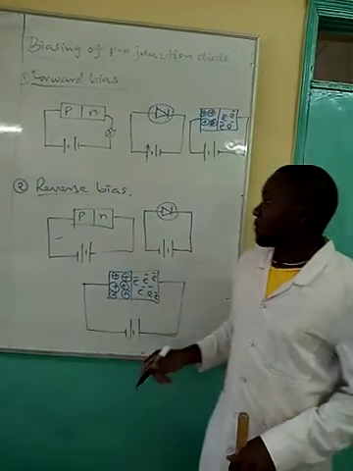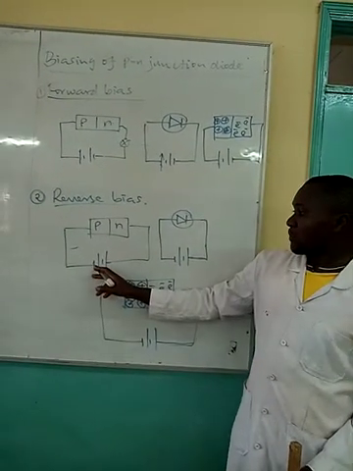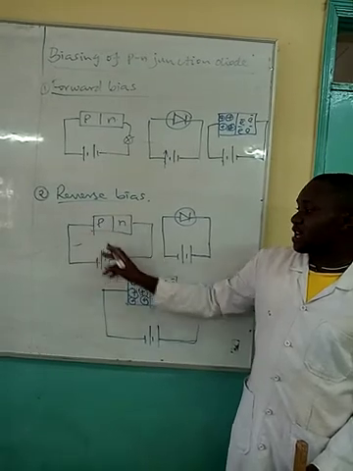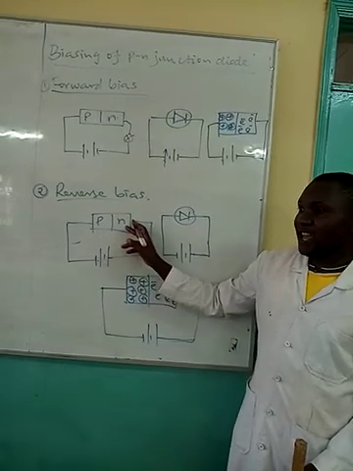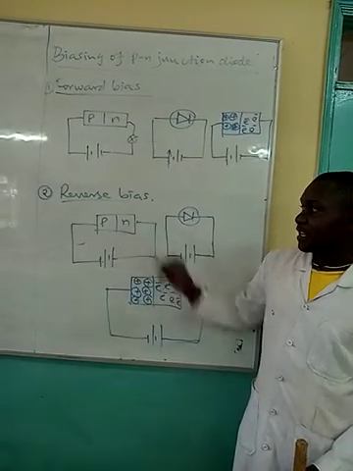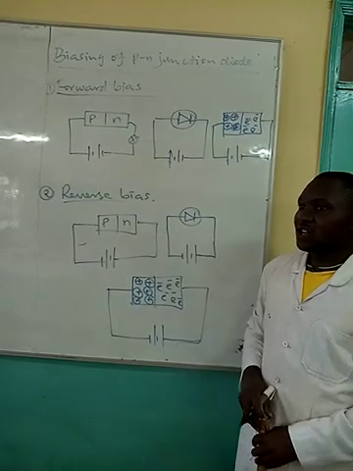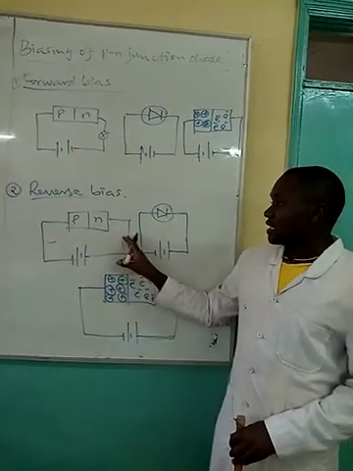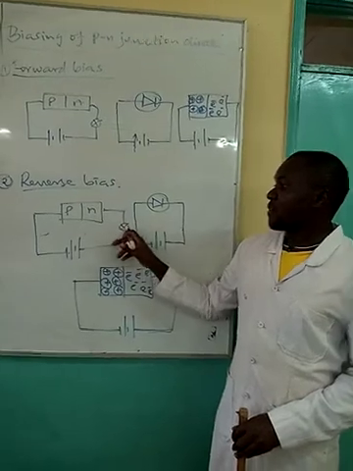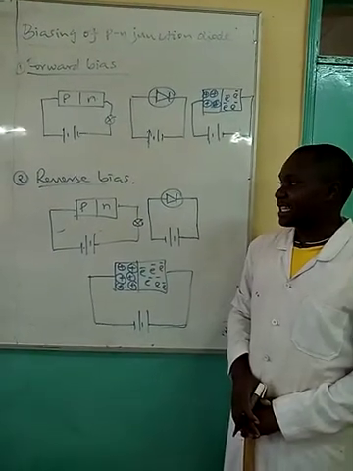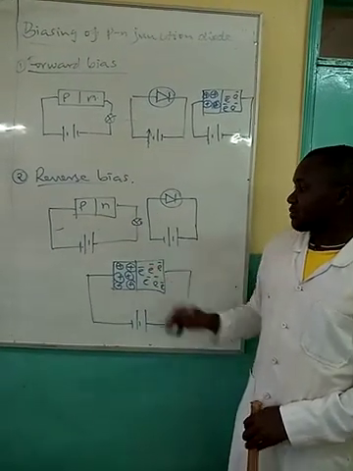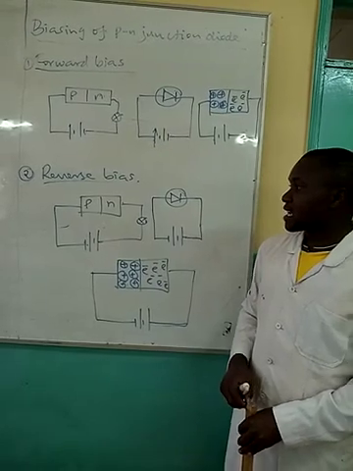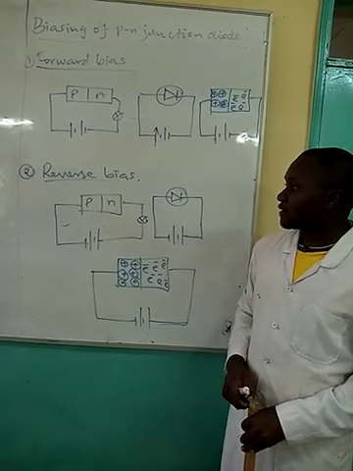Reverse biasing is whereby the negative terminal is connected to the P side and the positive terminal connected to the N side. In that case, current will not flow, and if at all there was a bulb, then the bulb will not light. These are just some of the symbols that can be used to represent reverse biasing.